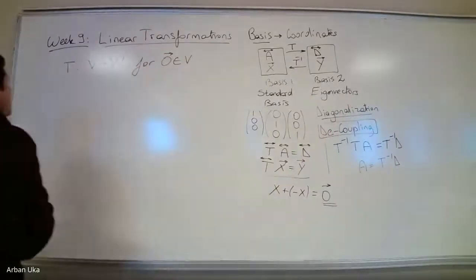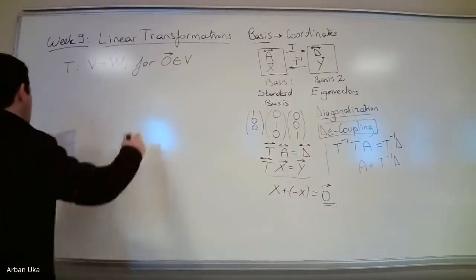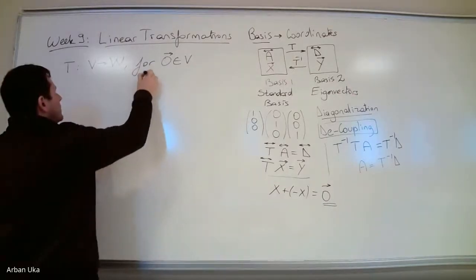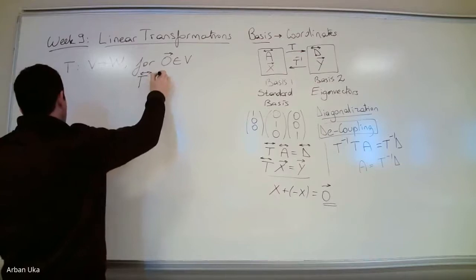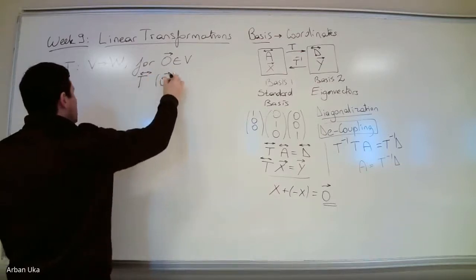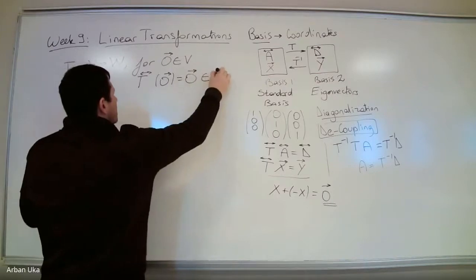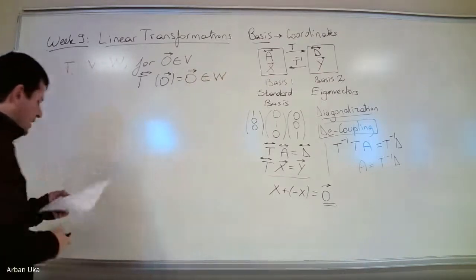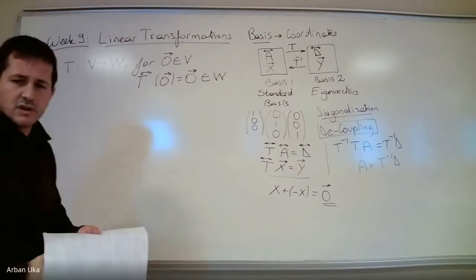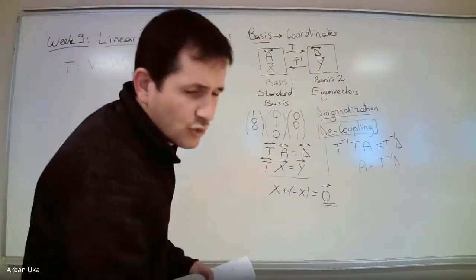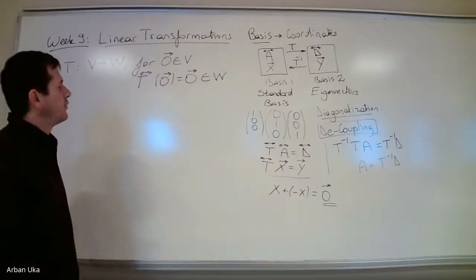So linear transformations are transformations from V to W, for 0 in V, and we want also T in the matrix notation times the 0 vector to be 0 in the subspace, as an element of the space W. Now, we want this because the 0 vector in the V space could be R cubed and the 0 in the W space could be R4, right?